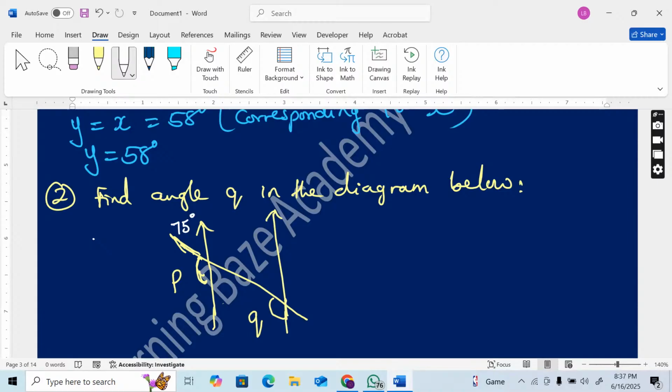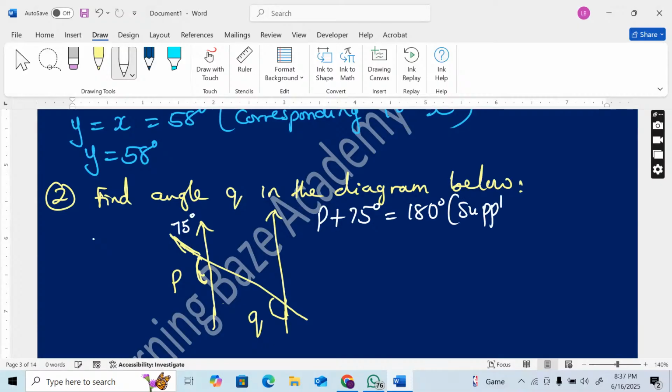Now we have 75 degrees and angle P on a straight line. Since they are on a straight line and they are beside each other, they are supplementary angles because they sum up to 180 degrees. So that means P plus 75 degrees should give us 180 degrees.